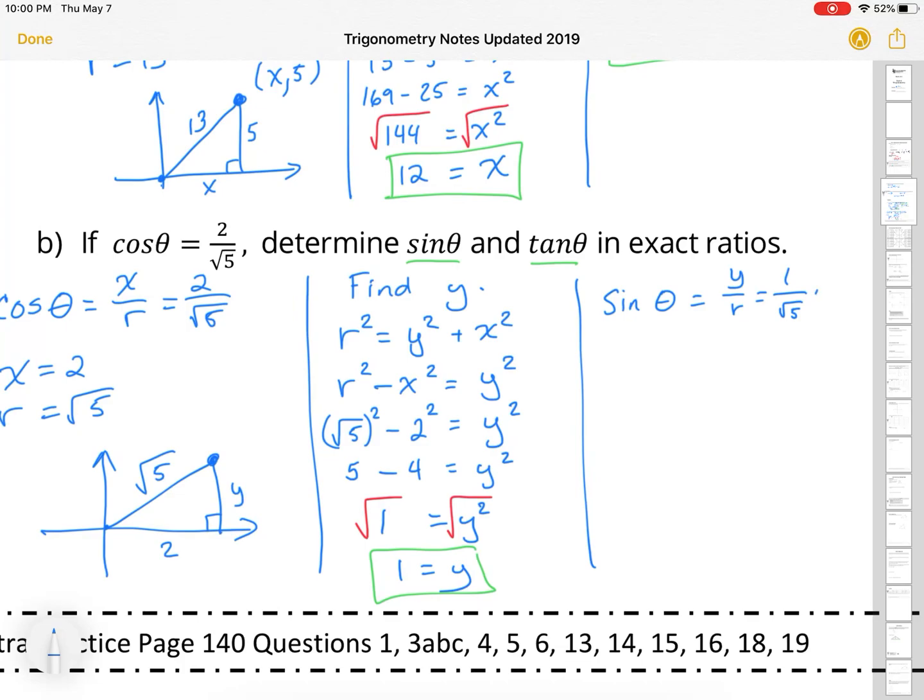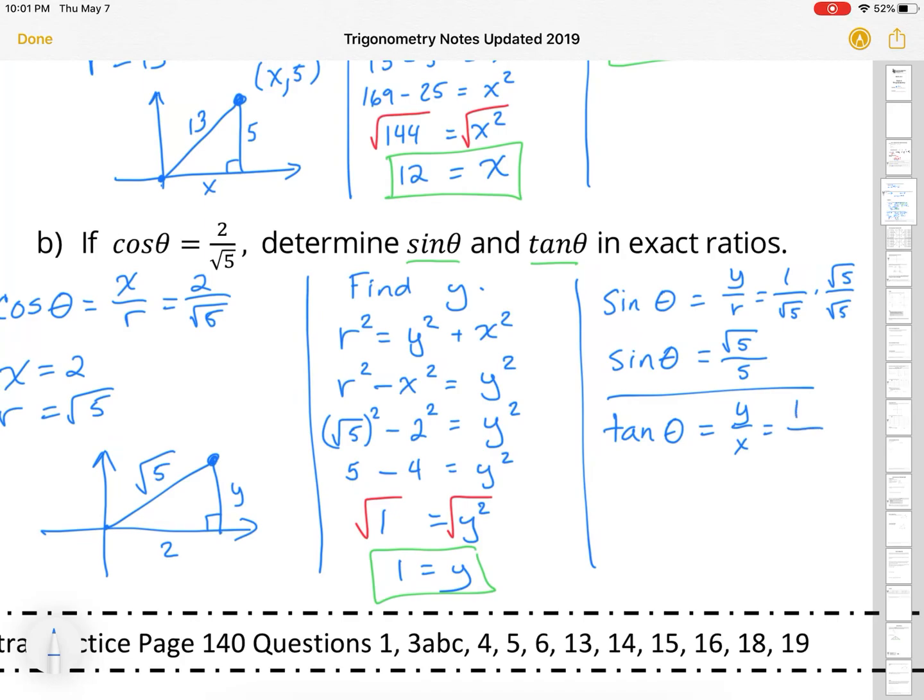Now, of course, we have to put it in proper form because we never will leave that radical on the bottom. So we're going to multiply the top and the bottom by √5, which would give us √5/5. So that would be my sine theta.